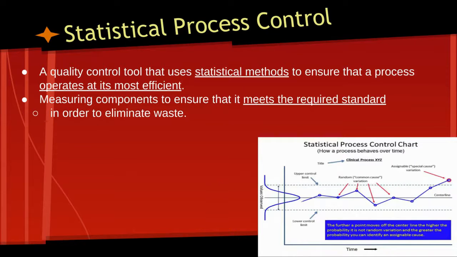Statistical process control. A quality control tool that uses statistical methods to ensure that a process operates at its most efficient. Measuring components to ensure that it meets the required standard in order to eliminate waste.